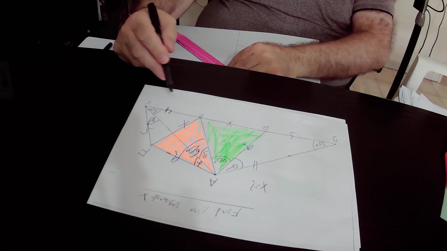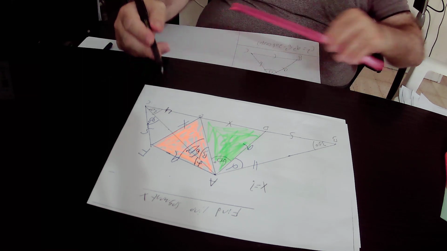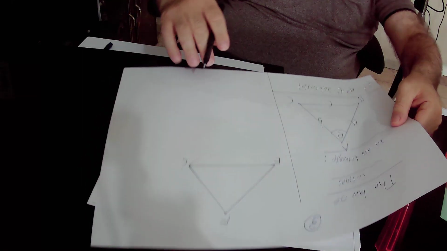Angle FCE equals 30 degrees plus 30 degrees, that is 60 degrees.